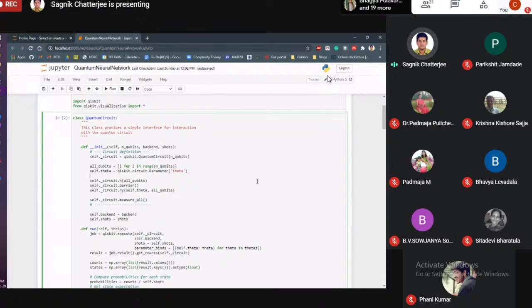The backend can either be your local simulator or a quantum computing backend on the cloud, say IBM's or Rigetti's or PennyLane's. Then we declare the theta variable, which is the parameter which we supply, and then we set up a small circuit.